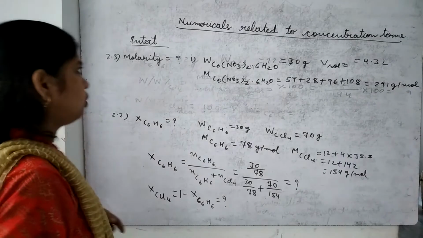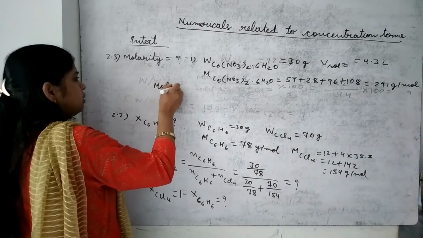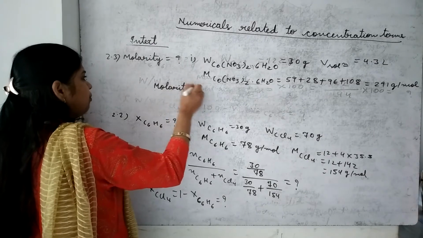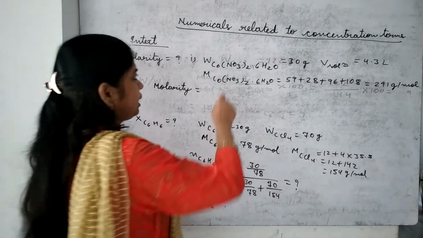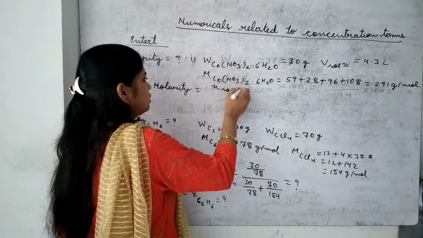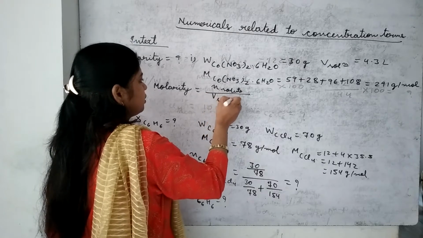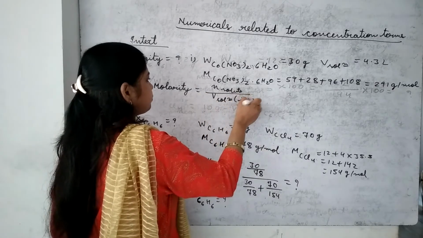Now through this we can easily find the molarity of this solution, because you know the formula. Here the solute is cobalt nitrate hexahydrate. So molarity is the number of moles of solute divided by the volume of solution in liter.